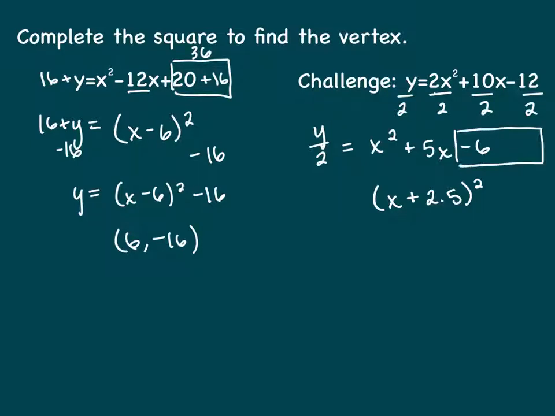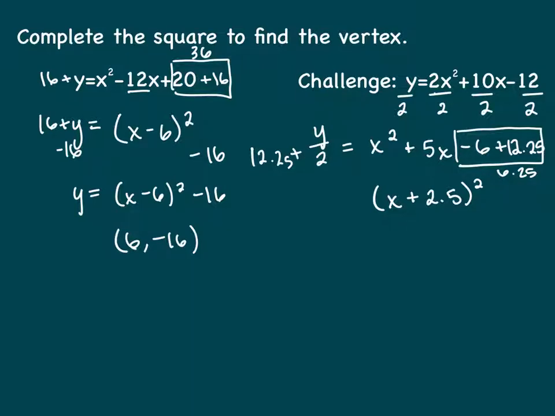So if I need this whole thing to be positive 6.25, I have to add 12.25. And I can get that by doing 6.25 minus a negative 6. So that means I also have to add a 12.25 over here. So now everything on this side represents that perfect square trinomial of x plus 2.5 squared.